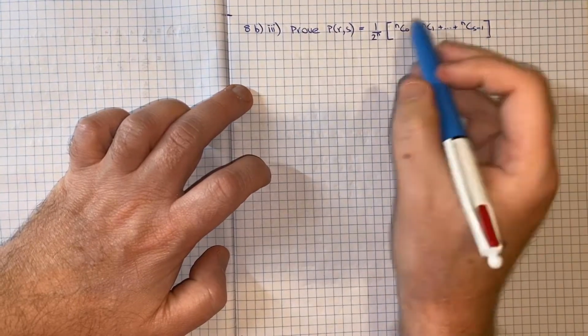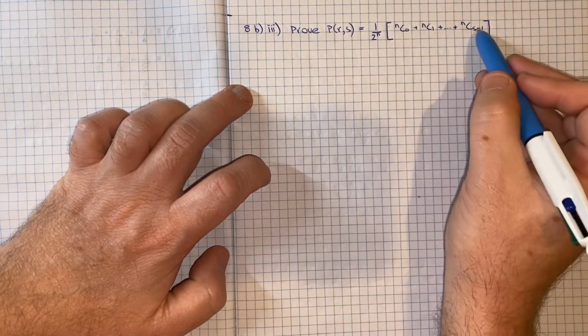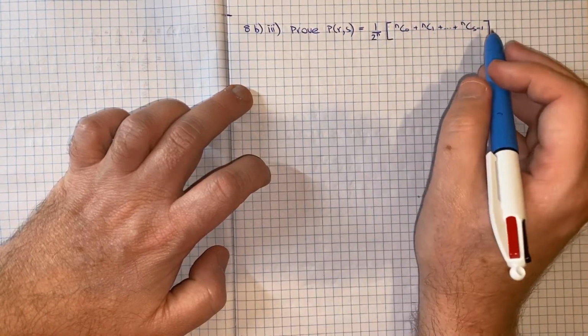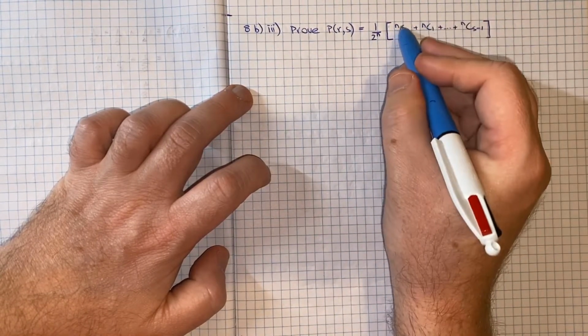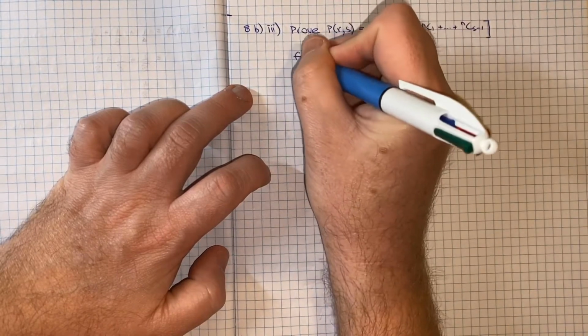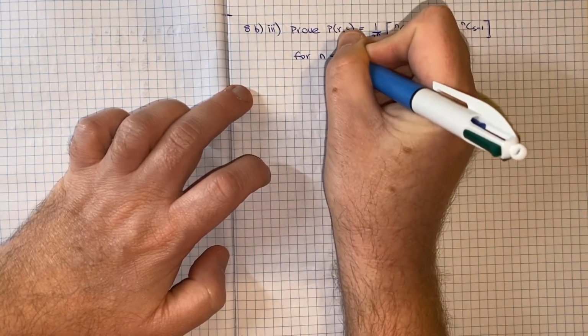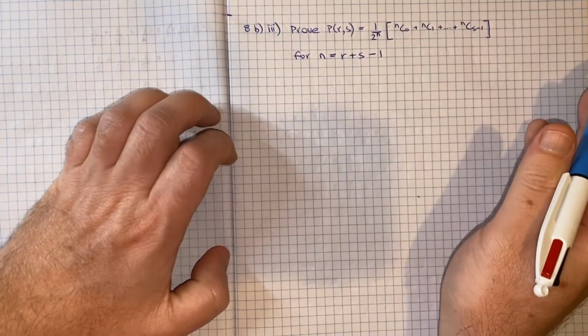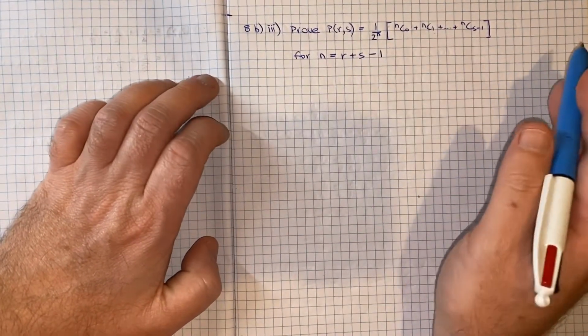And notice here that in this right hand side we've got s, we've got an s minus 1 but no r, so that's interesting. And then we've got this n where we define n to be equal to r plus s minus 1. So that's what we're going to work with, and we're going to follow the steps of induction.